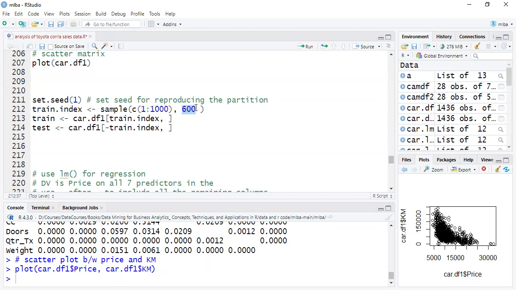How many rows do I want to extract out of the 1000 rows? I want to extract 600 rows. So it will generate two sets. One set is of 600 rows, and the other set contains the remaining 400 rows.